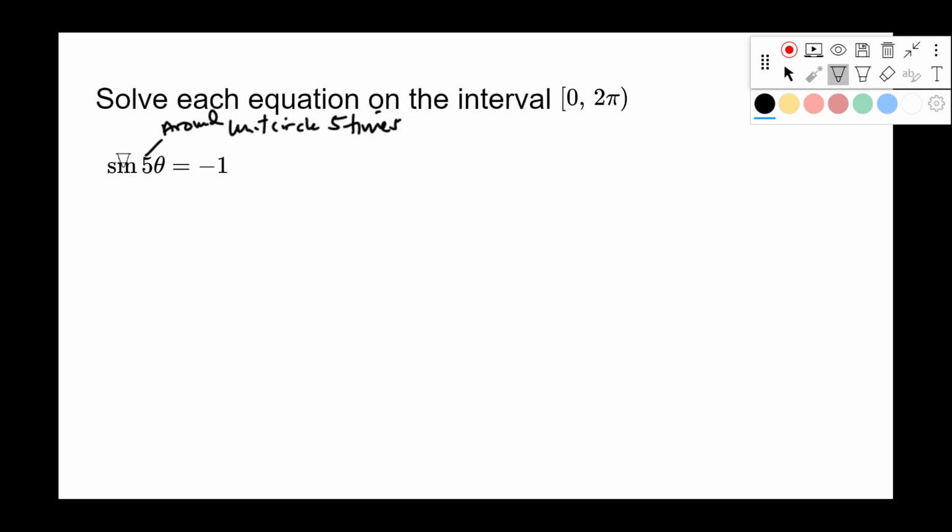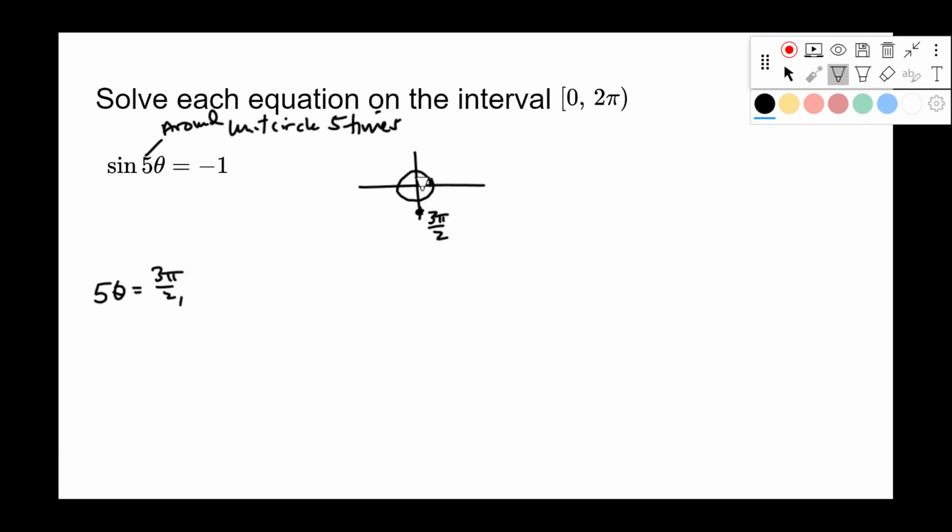I want to know where sine is equal to -1. Well, sine is -1 here, at 3 pi over 2. But that's the only time it's -1. So there's only one answer if you go around one time. So 5 theta is going to equal 3 pi over 2.